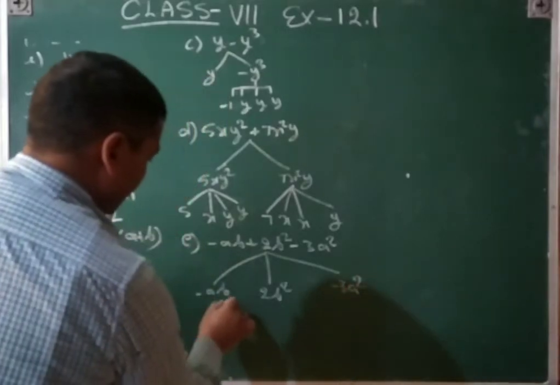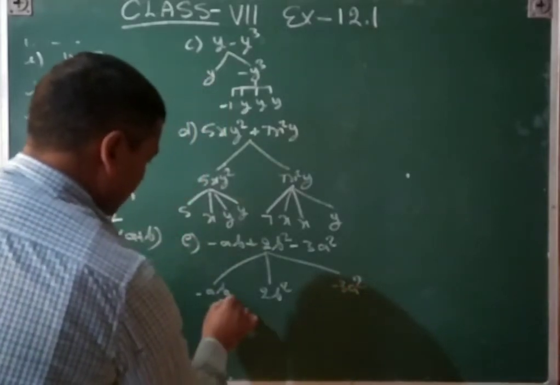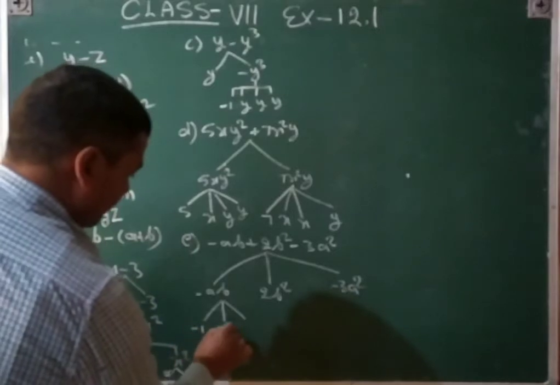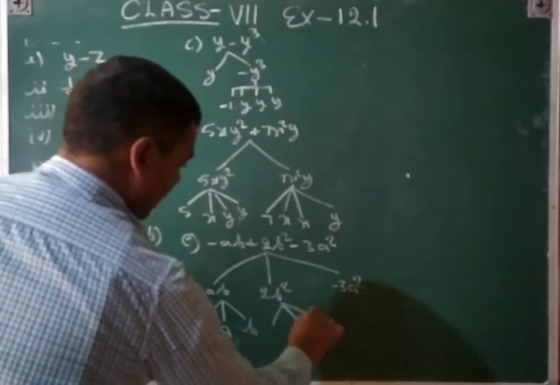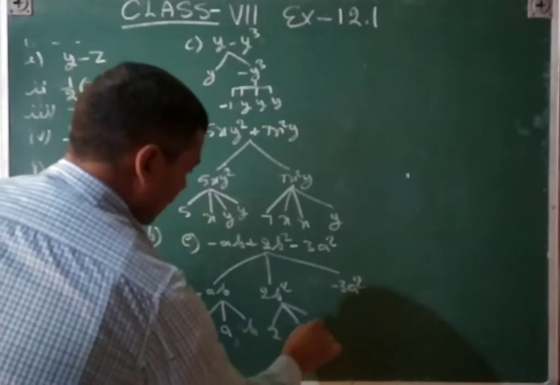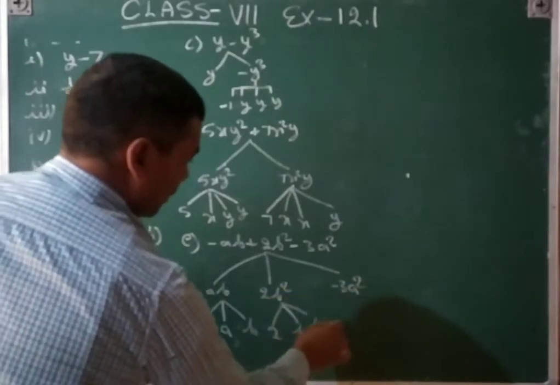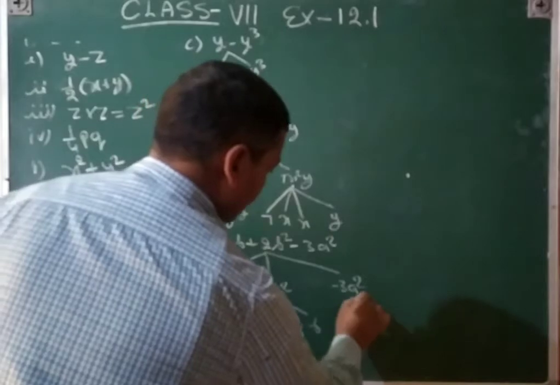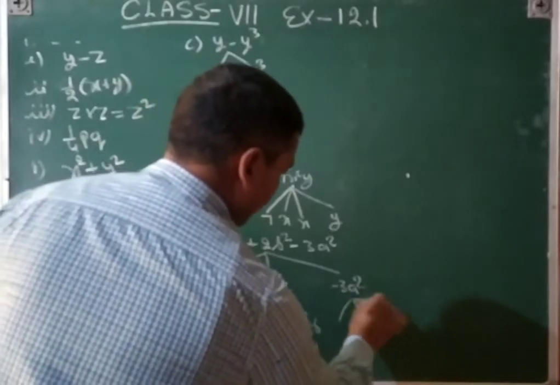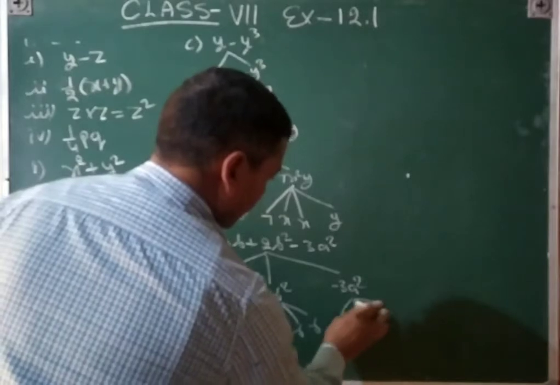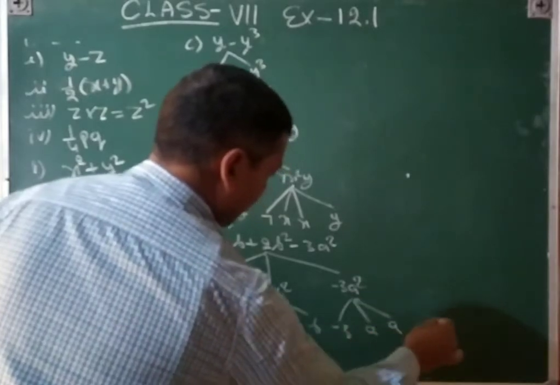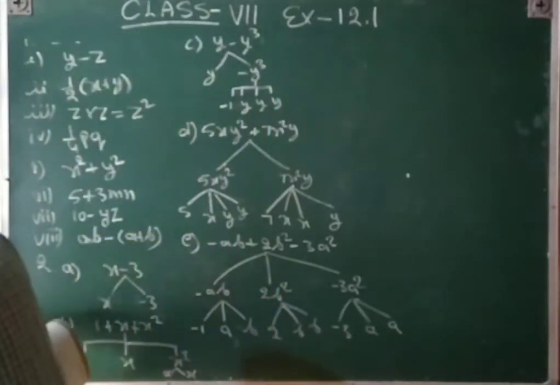Again it goes in 3 parts: minus 1, a, b. And 2b power 2 means 2, times b, times b. And then minus 3, a and a.